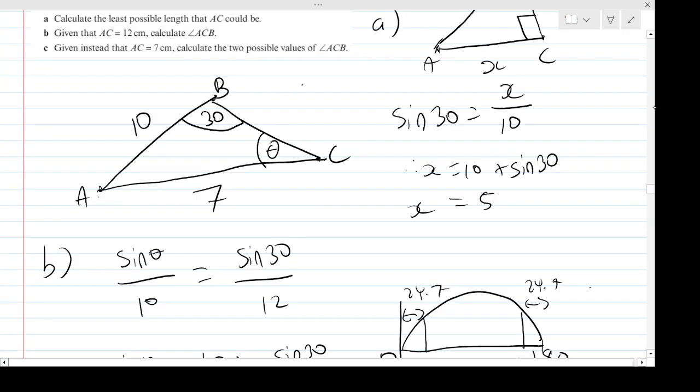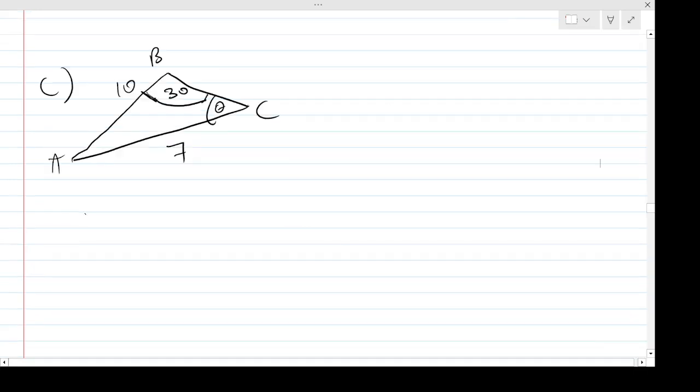Okay. So then part C says, given instead that AC is 7 centimeters, calculate the two possible values of angle ACB. Okay, so I've drawn the triangle here. I recreated it. So now, again, the length is now 7. So again, we need to find the values of theta in this case.